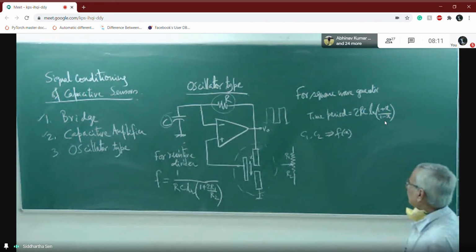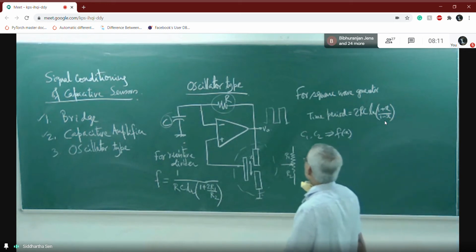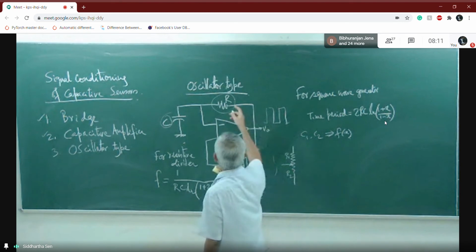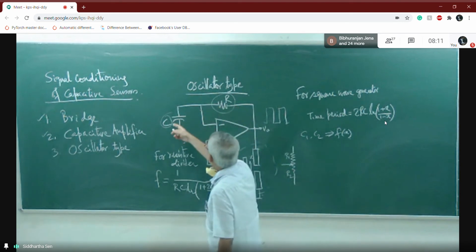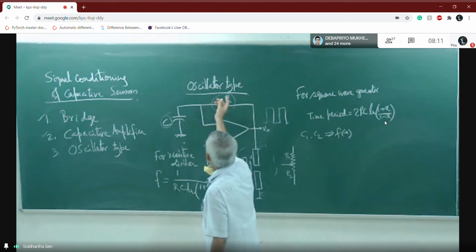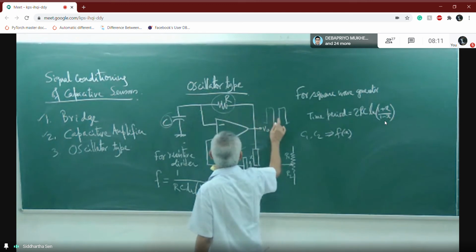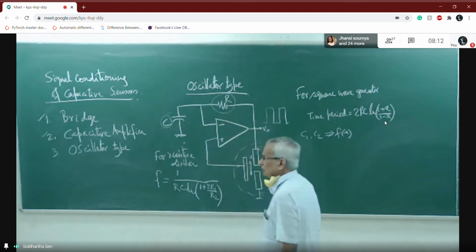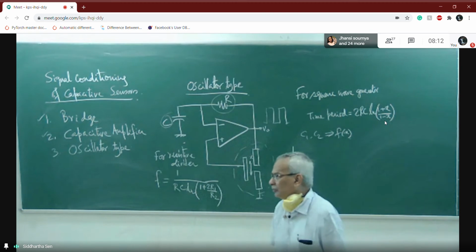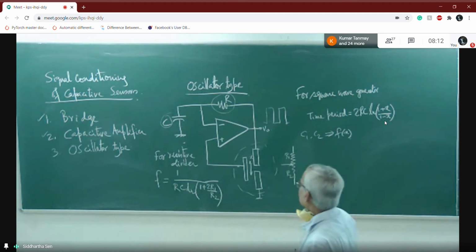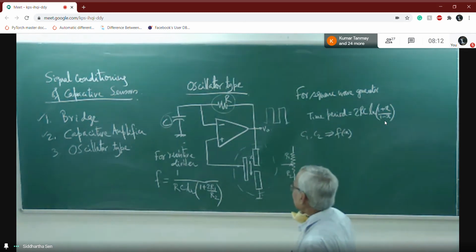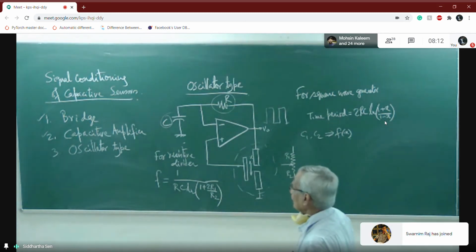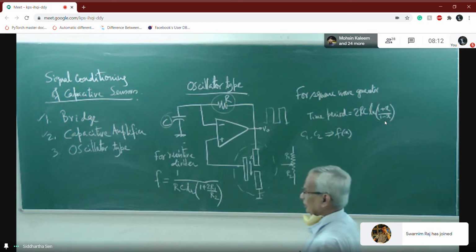So the frequency is not that stable, because any change in R and C due to external factors may vary it. Otherwise this is the simplest type of sensing, but its accuracy is probably a little less than the capacitive amplifier.